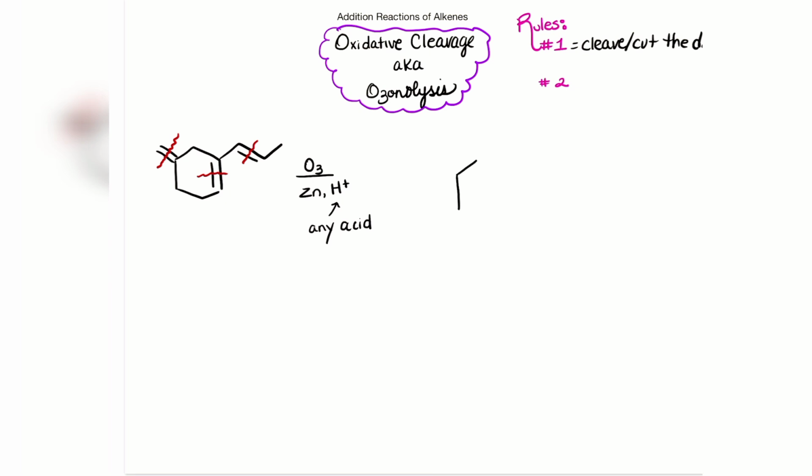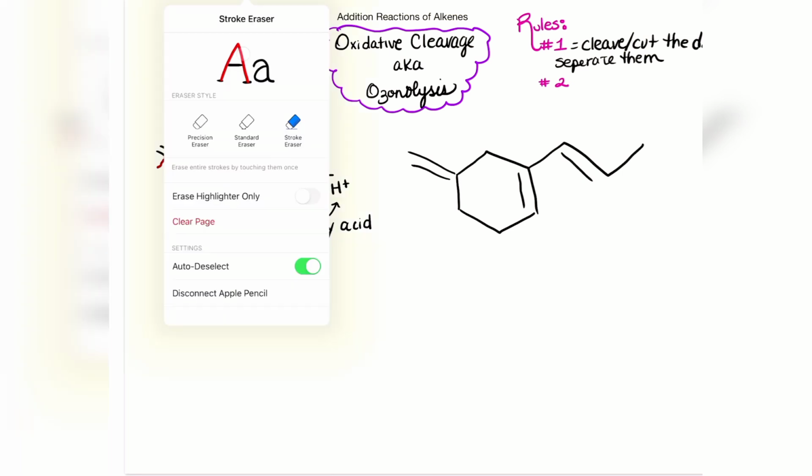Once you do, I tend to tell students to kind of supersize the problem on purpose. So I want you to redraw the exact same picture. You're going to see me supersize it just on purpose. You're like, what is she doing? Because once you cleave or cut the double bond, I want you to separate them. So I'm asking you to put a space in between.